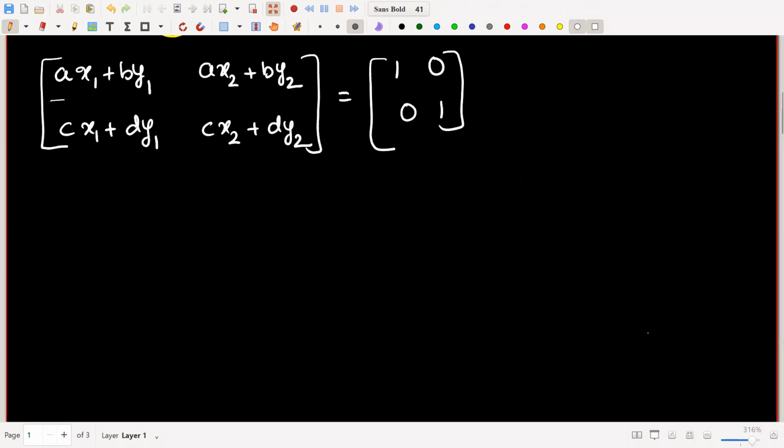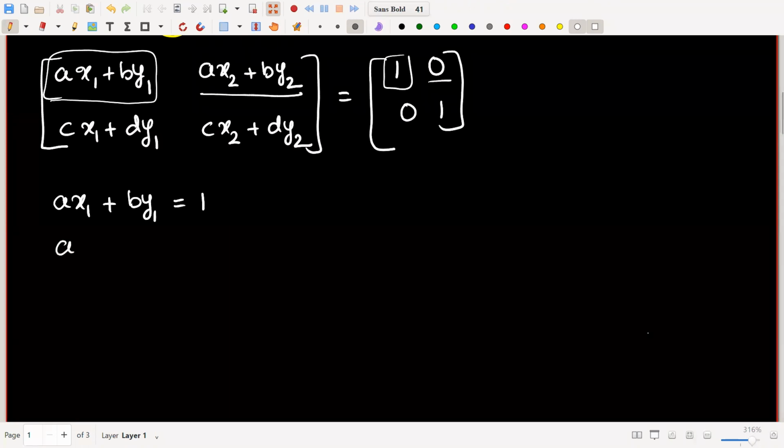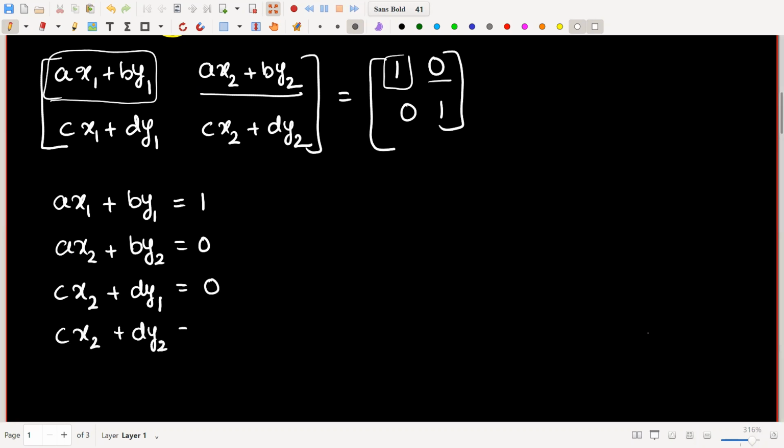From this, ax1 plus by1 is equal to 1, and ax2 plus by2 is equal to 0. Similarly, cx1 plus dy1 is equal to 0, and cx2 plus dy2 is equal to 1.